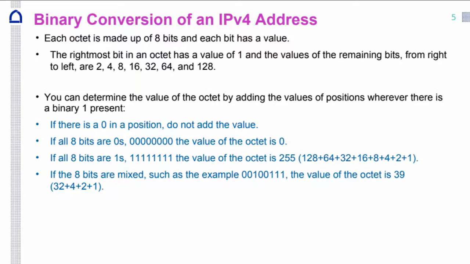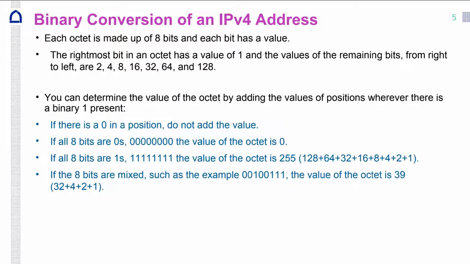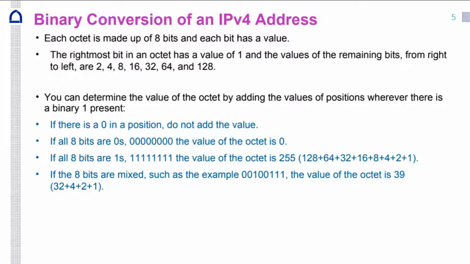Here, the first one is equal to 1. This is 2, 4, 8, 16, 32, 64, 128. So the leftmost bit is equal to 128 if it is 1. If it is 0, it is 0. Is this clear?